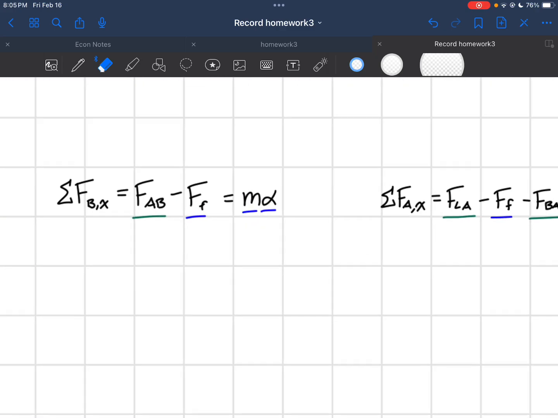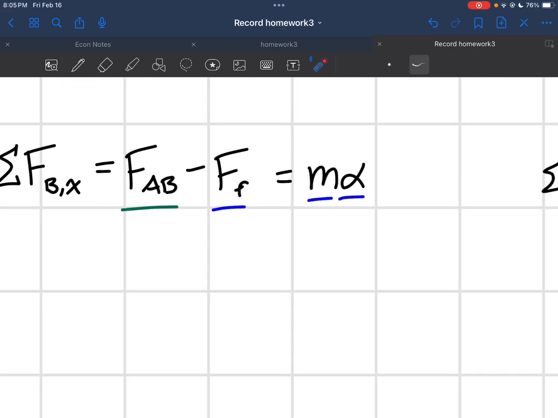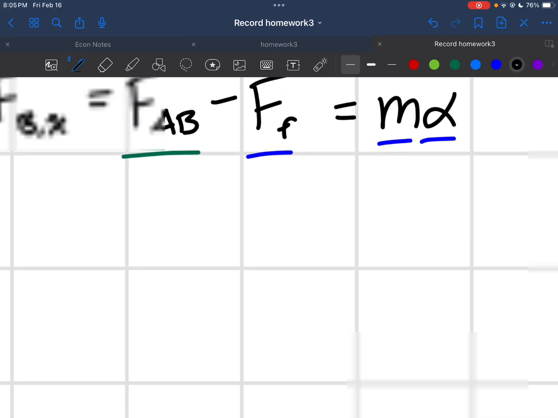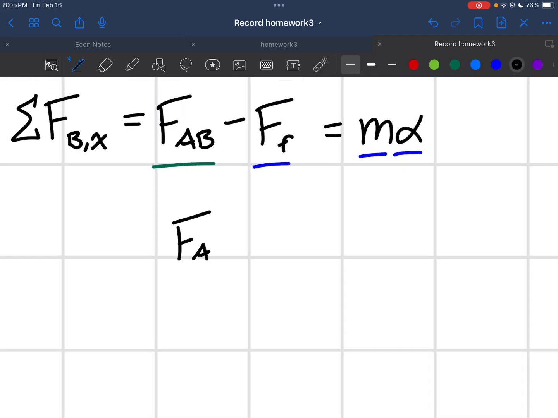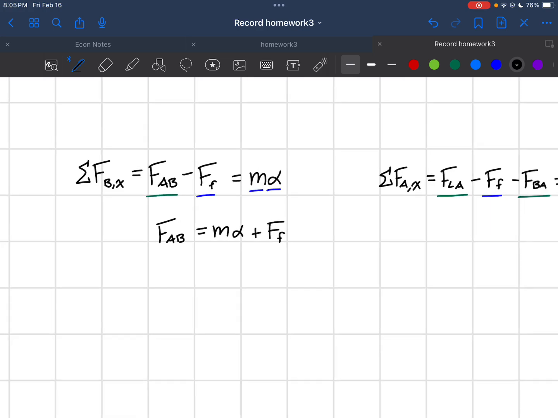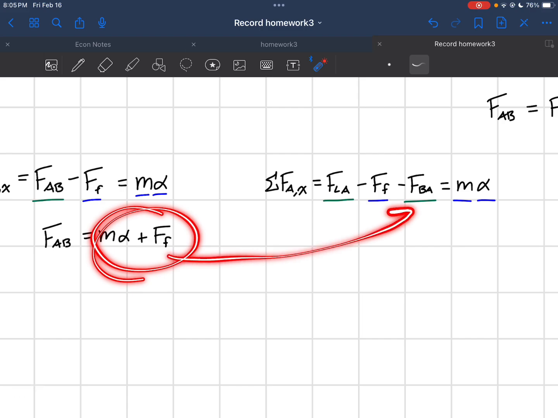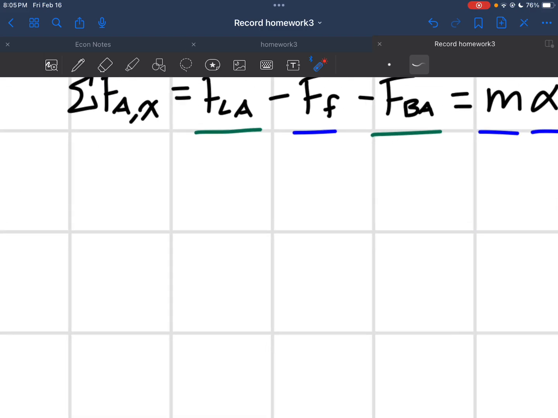So what I'm going to do first is solve this equation over here because, like we talked about before with the sneak peek questions, this one only has one unknown, so I can solve directly for it. I'll get that F_AB is M alpha plus F_F. And then, like we said, F_AB is the same as F_BA, so I can plug it in over here for my F_BA.